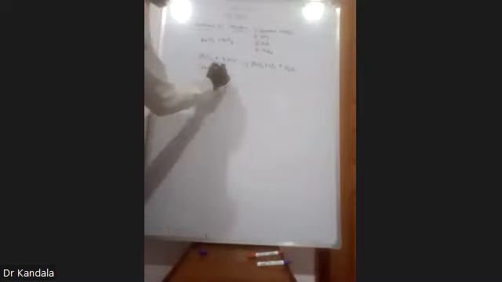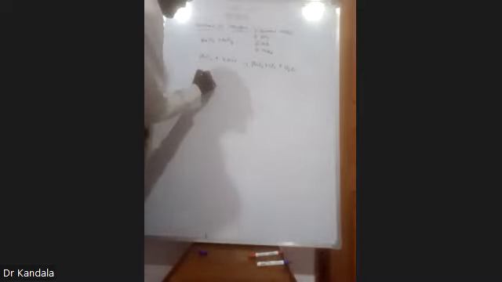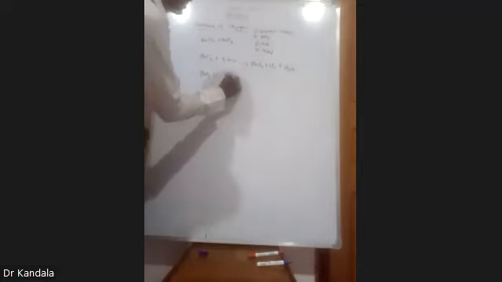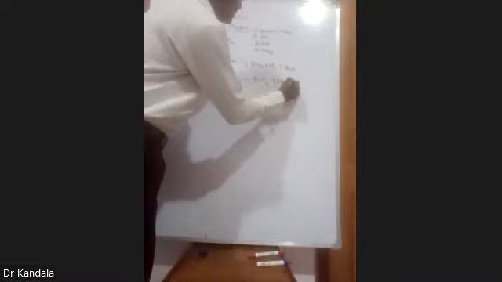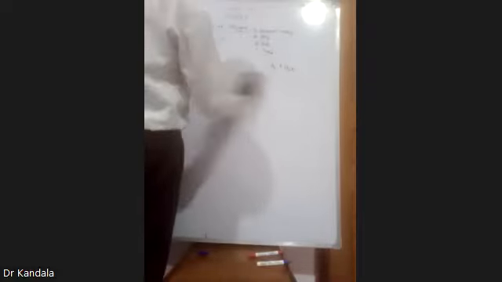Similarly, when lead dioxide is treated with H2SO4, it forms lead sulfate. 2 moles of lead dioxide give 2 moles of lead sulfate plus water and oxygen. They are not giving hydrogen peroxide. So one has to distinguish the difference between the peroxides and the dioxides. This is all about polyoxides.